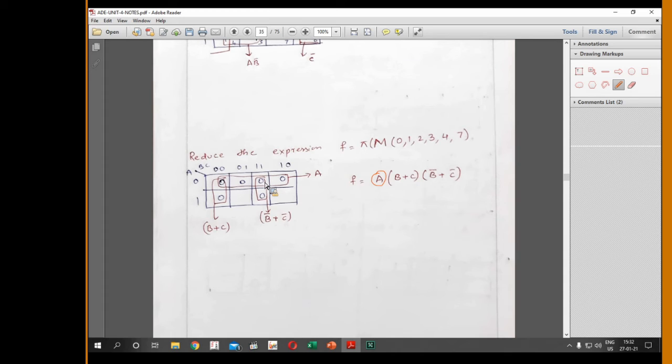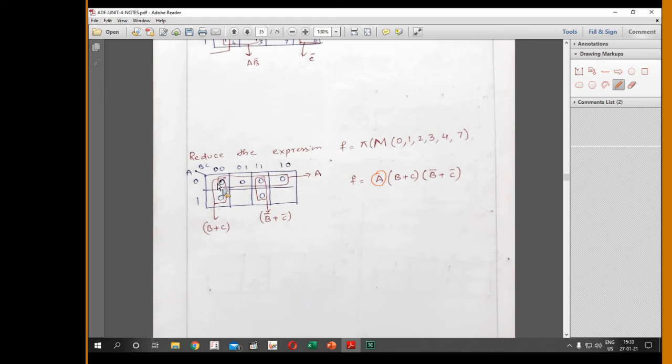Since we started numbering from 0, 100 is M4. M4 is adjacent to M5 and also adjacent to M6. Neither of these two cells has a max term in our function. Hence, I am using the already covered max term, which is M0.